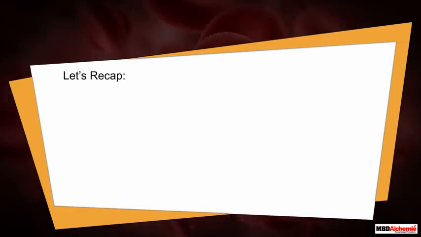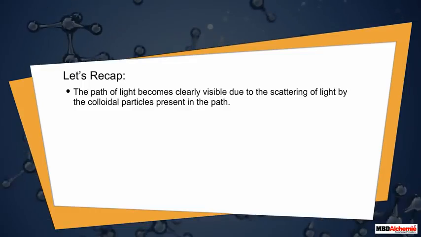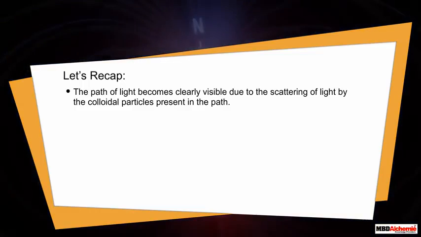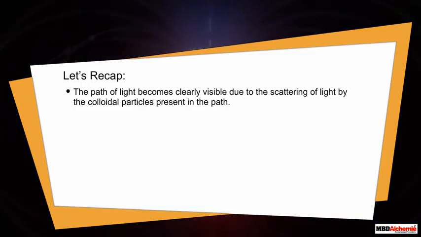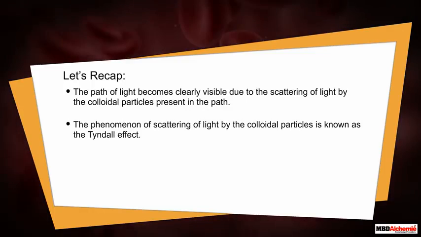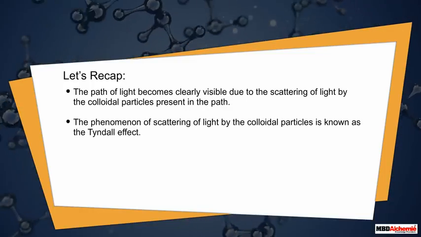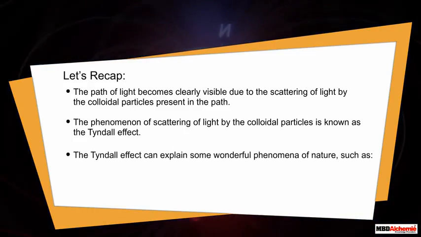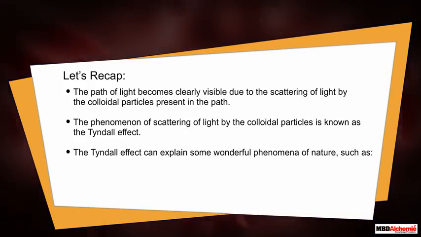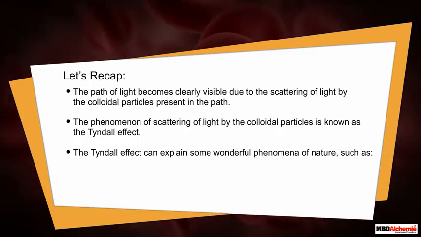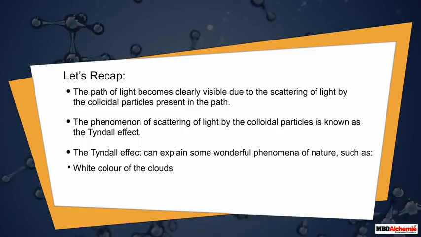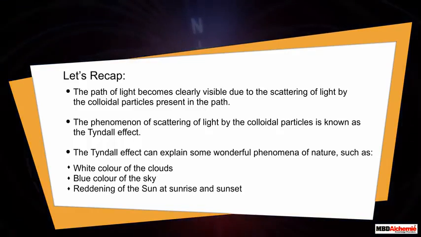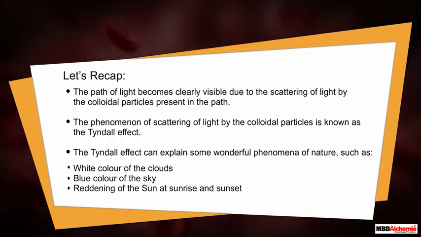Let's recap. The path of light becomes clearly visible due to the scattering of light by the colloidal particles present in the path. The phenomenon of scattering of light by the colloidal particles is known as the Tyndall effect. The Tyndall effect can explain some wonderful phenomena of nature, such as the white color of the clouds, the blue color of the sky, and the reddening of the sun at sunrise and sunset.